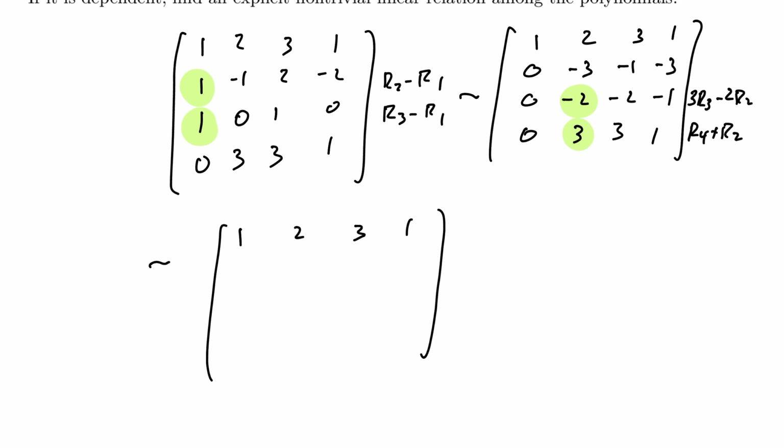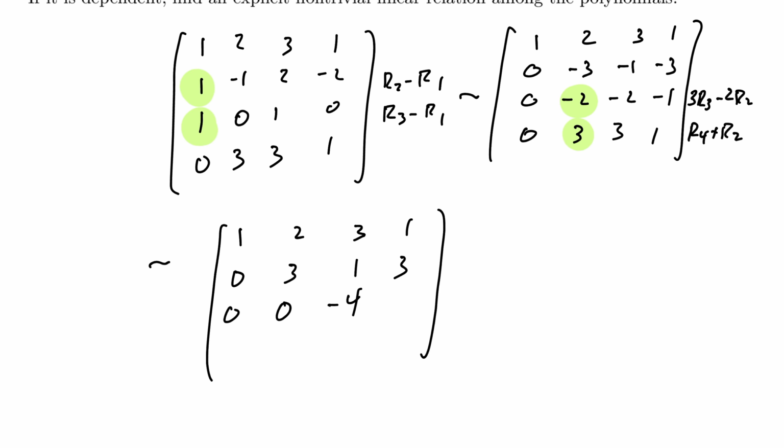The second row, I'm just going to multiply across by minus 1 to clean this up a bit. Now when I do 3 times row 3 minus twice row 2, that puts a 0 in that location. If I multiply this by 3, you get negative 6, and then the 2 minuses become positive, so negative 6 plus 2 is negative 4.